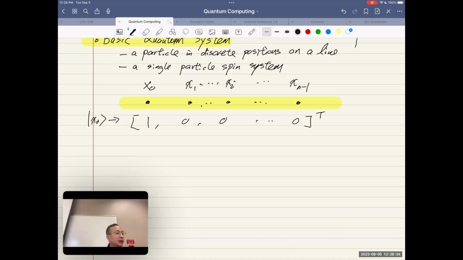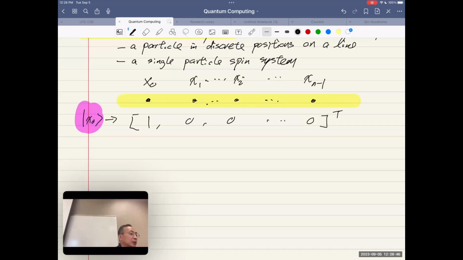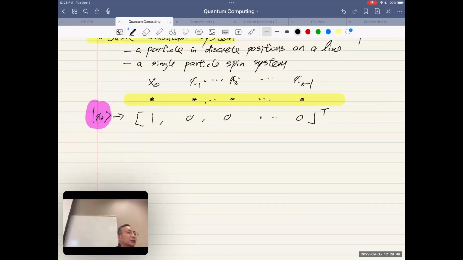By the way, we already started to use this. This is something we call the cat notation. You can Google to find out why it's called cat. We'll use this a lot if you want to do quantum computing.